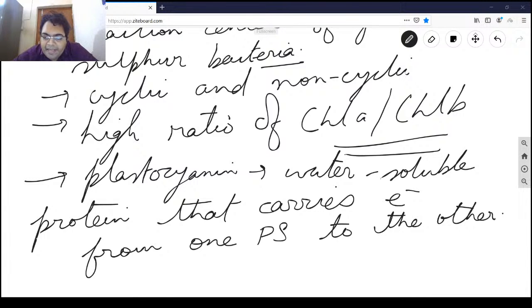Okay, so this is what happens in the case of plastocyanin. Now, I had explained to you in the last class that when we go for the electron transport chain, I'll just share that image with you.